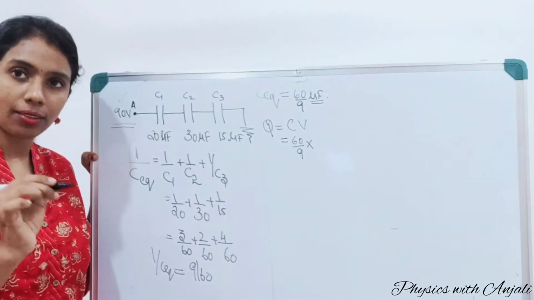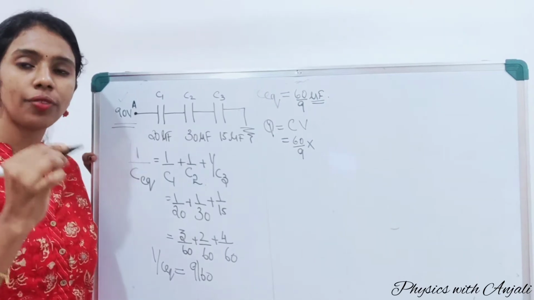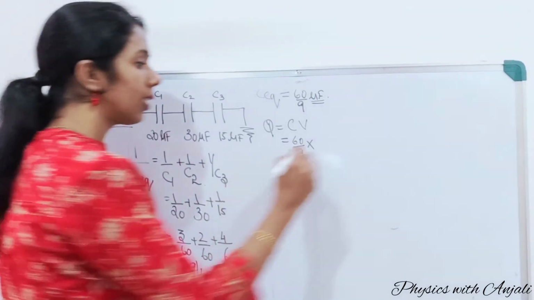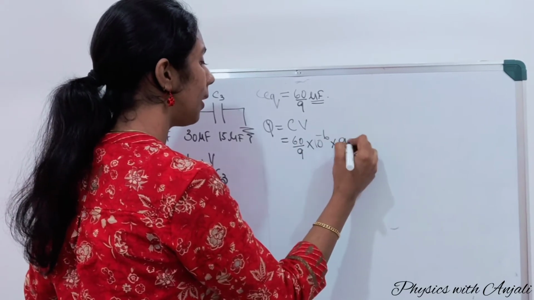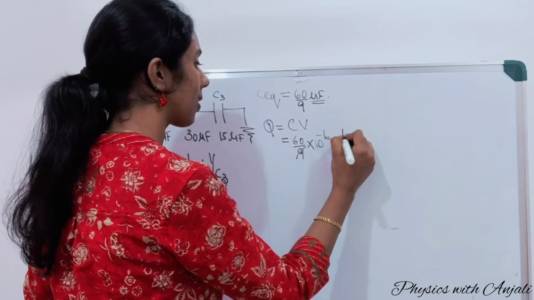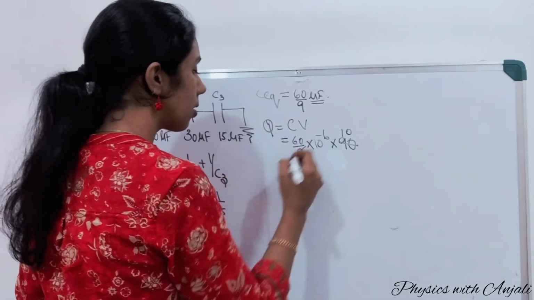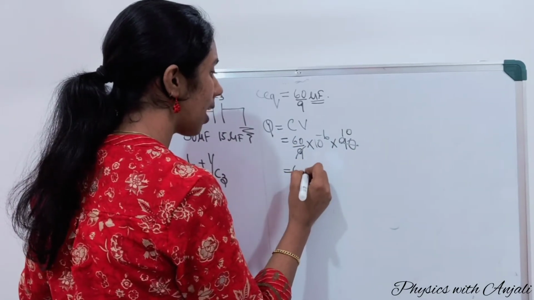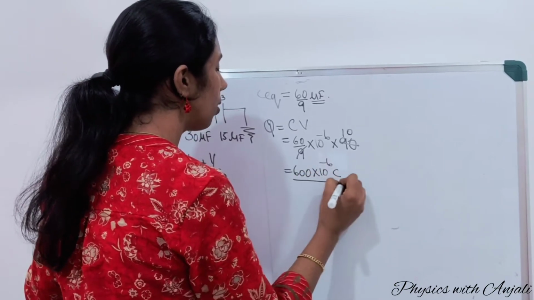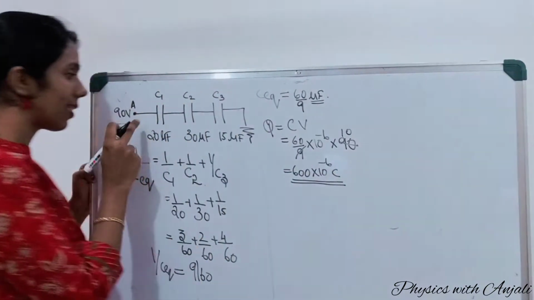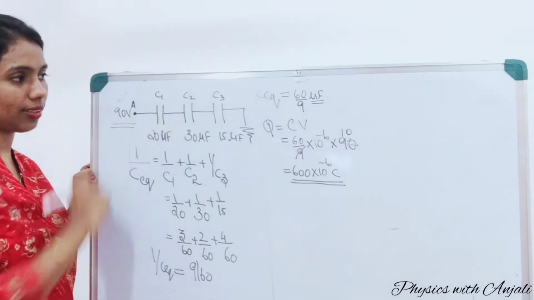We have to convert it into farad by multiplying with 10 raised to minus 6. The 9 and 90 cancel, so we get 10. So the answer is 600 into 10 raised to minus 6 coulomb. This is the charge possessed by C1, C2 and C3.